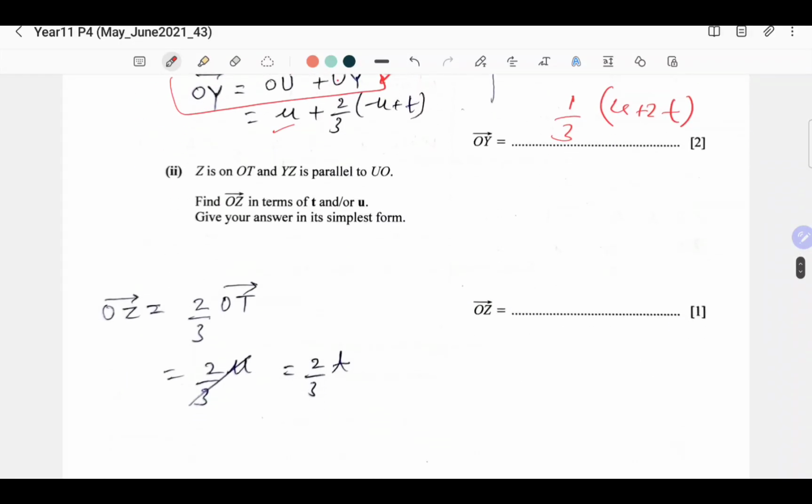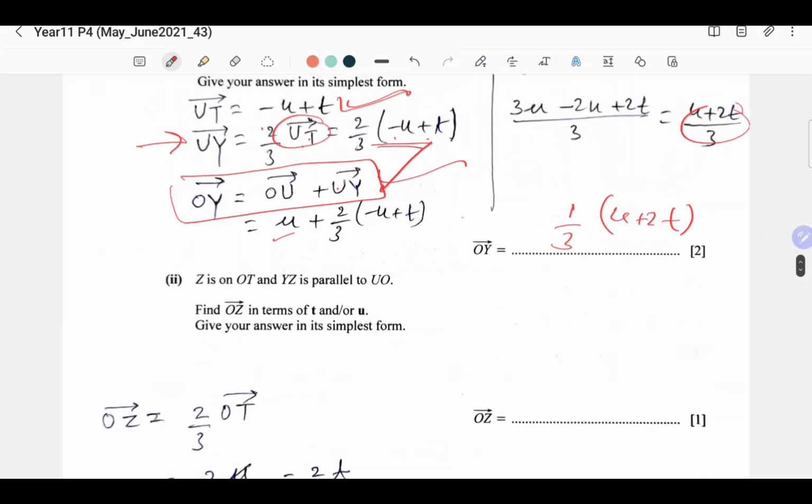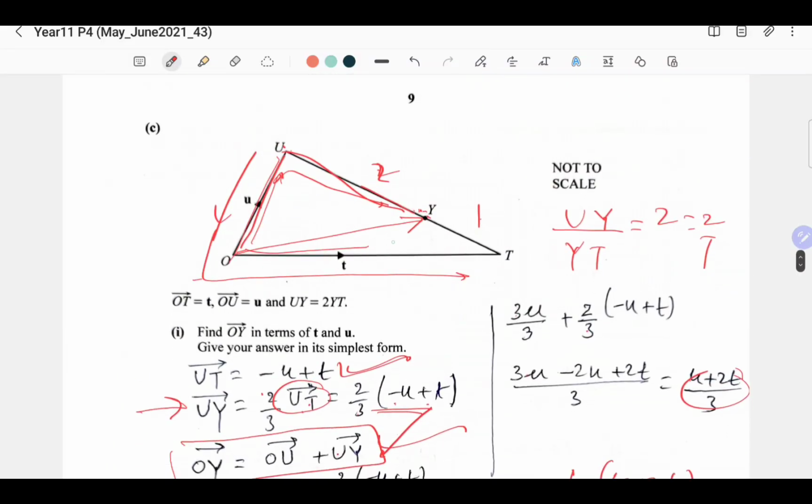Okay, great. Now Z is on OT where YZ is parallel to OU. So somewhere here, right? Only then can these two be parallel. So Z can be here. Now we have to find OZ, but we don't have this ratio.